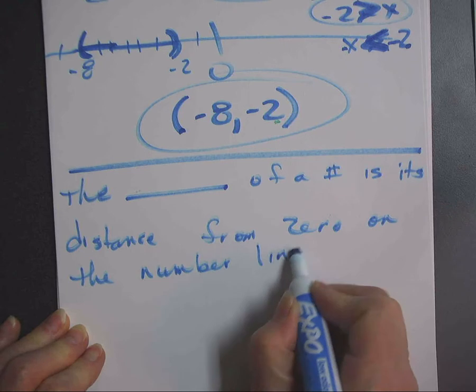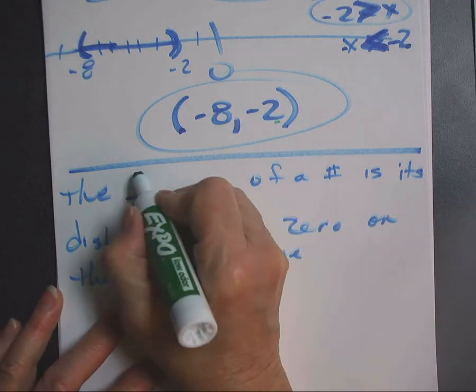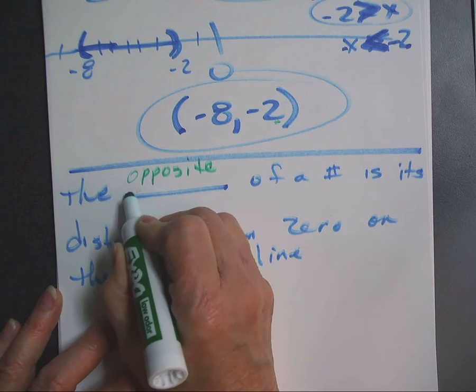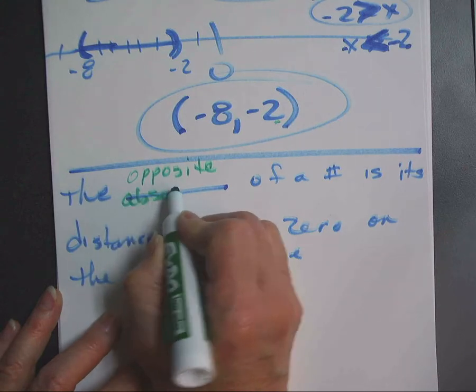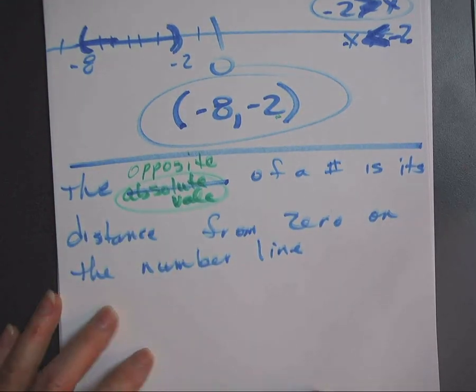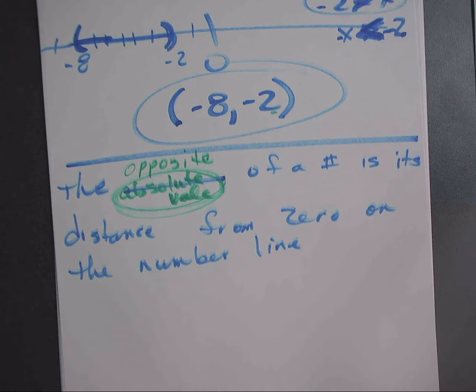And you have 2 choices. What is the distance from 0 on the number line? Is it the opposite or is it the absolute value? Absolute value. Absolute value is its distance from 0.